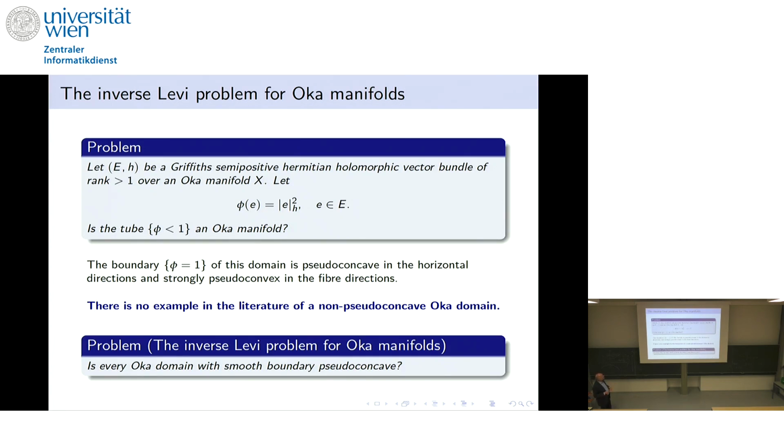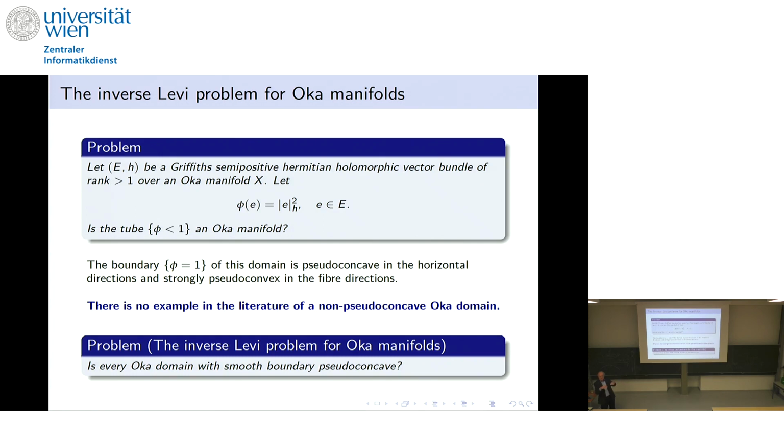One might ask, what happens when you have a vector bundle of higher rank? Is the tube still Oka? In that case, the fibers are strongly pseudo-convex domains, which grow well, but the problem is that the Levi form of the boundary is positive in the tangential directions to the fibers, and negative in the other direction.